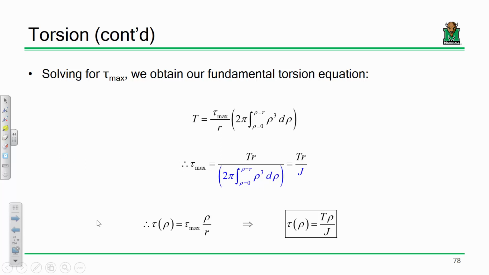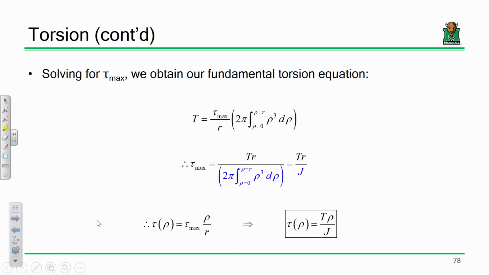And this one big integral is a function only of what the cross-section looks like, the shaft or the pipe or what have you. And so because it relates only to the cross-section, we define a new cross-sectional property, and that cross-sectional property is called J.